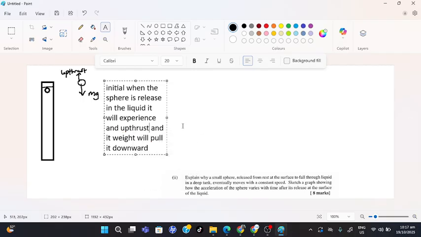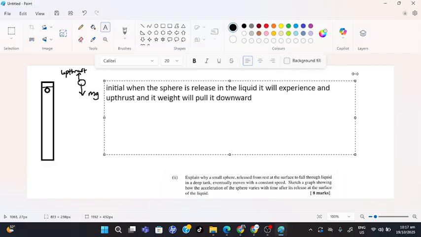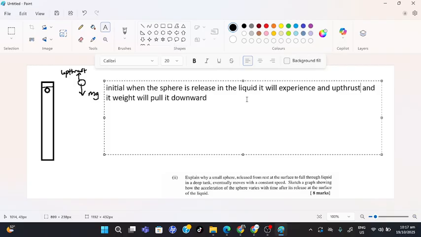All right, everybody got that? So that's what happened initially. The weight will pull it downward.